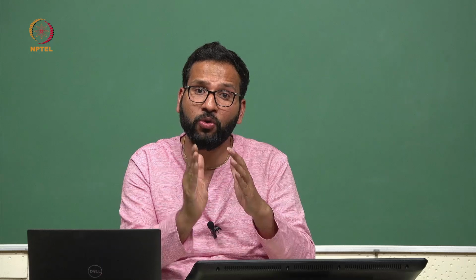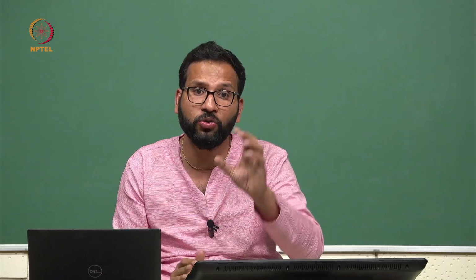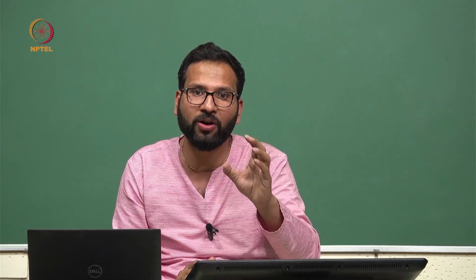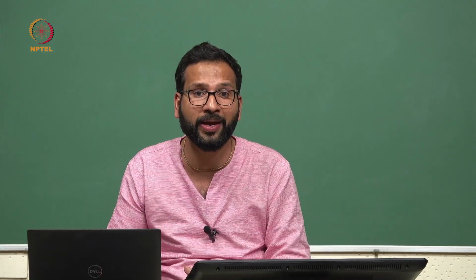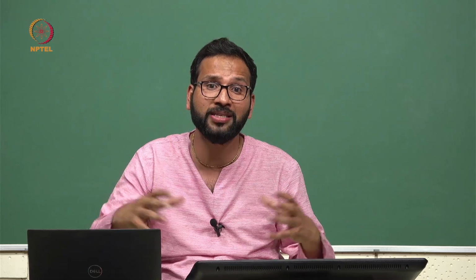So whenever you do it this way, you see the code and exactly which column names they are referring to. They also have a function called convertToDF. Before doing any analysis, you can convert that data frame as per the requirement of the bibliometrix package. But just for your understanding and for exploring new things, you go this way so that you get an understanding of how things are going on.